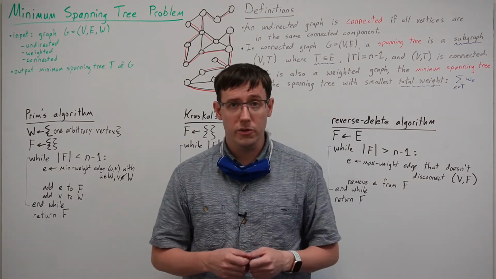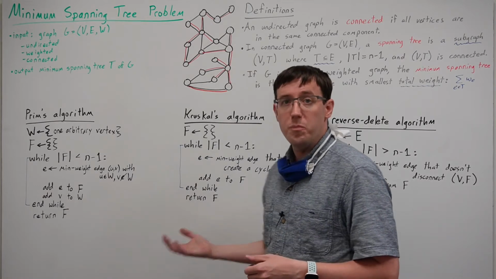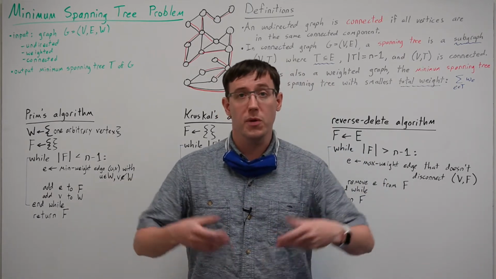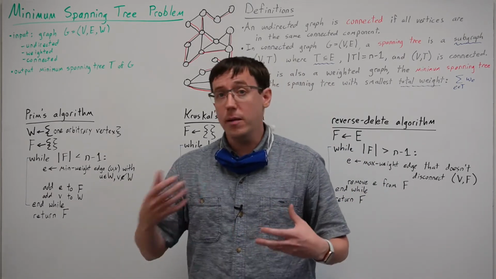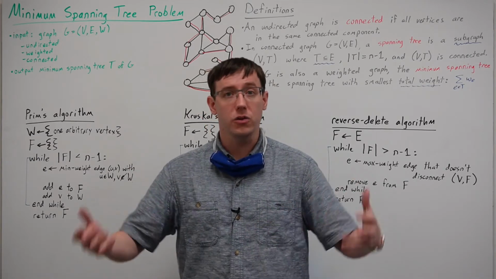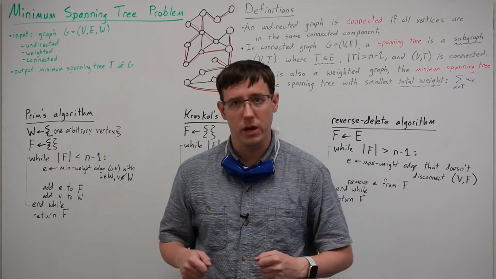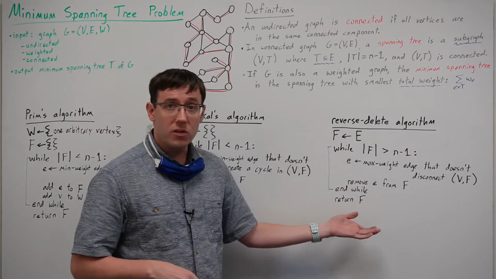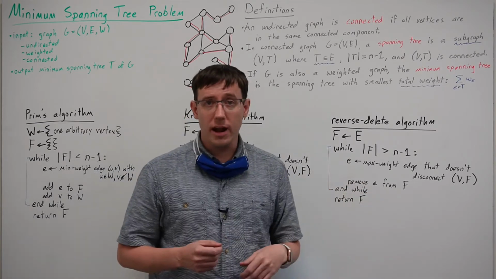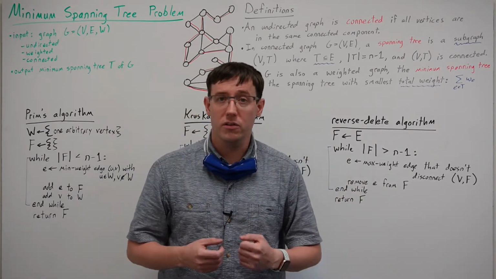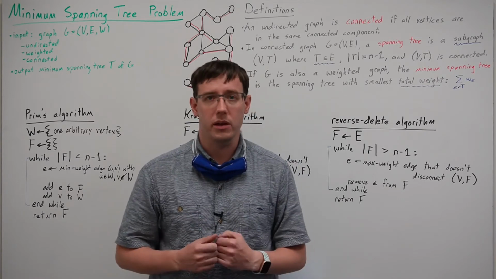Among these 3 algorithms, we have 2 that are building a spanning tree from the bottom up, starting with an empty edge set and adding to it until we have a spanning tree. And the third begins with all of the edges in the graph and deletes edges until we are left with a spanning tree.